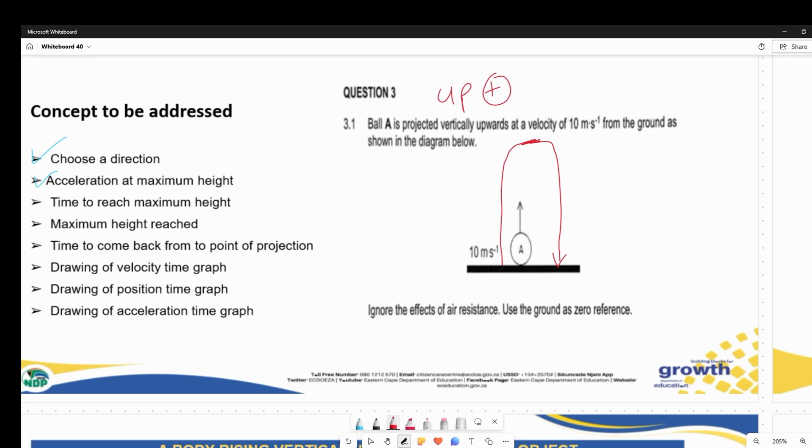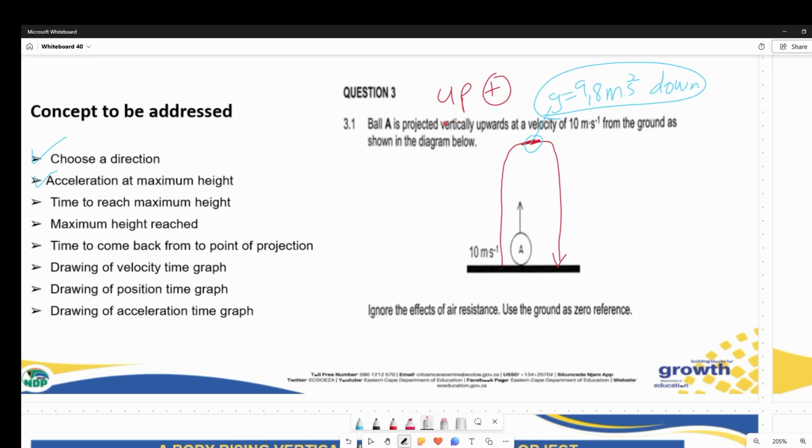At maximum height, our acceleration g is 9.8 meters per second squared downwards. At any position in the projectile, the acceleration due to gravity is this one.